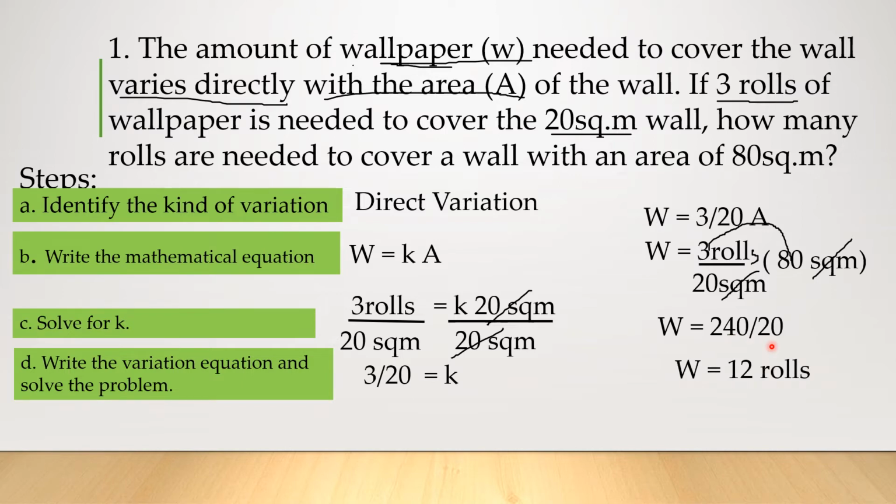And that is equal to 12 rolls. Which means if you have an 80 square meters wall, you will need 12 rolls of wallpaper. Okay, so that's the answer.